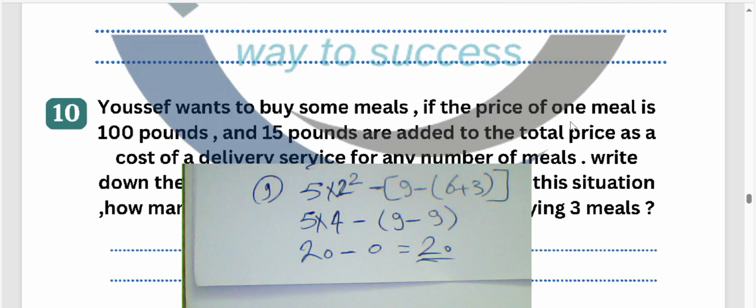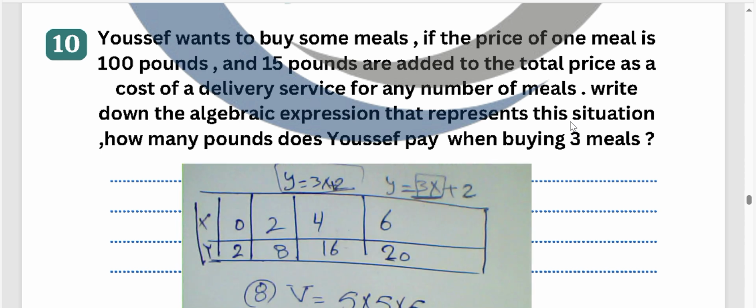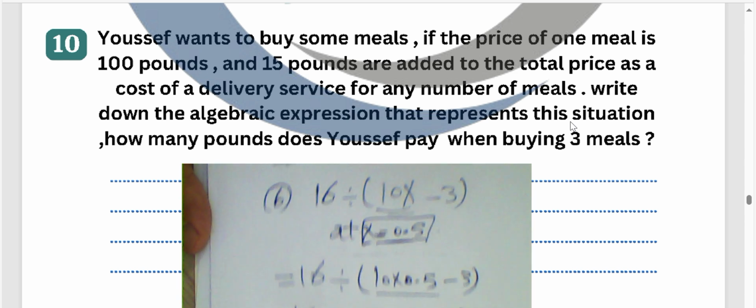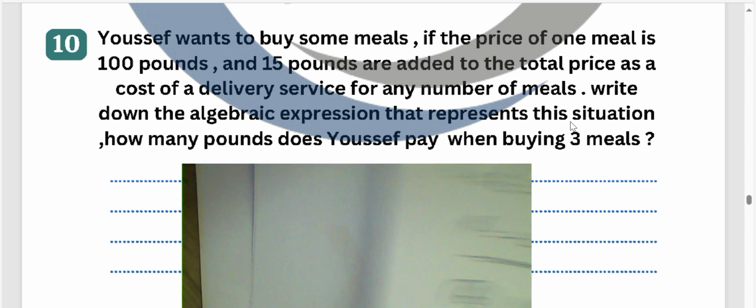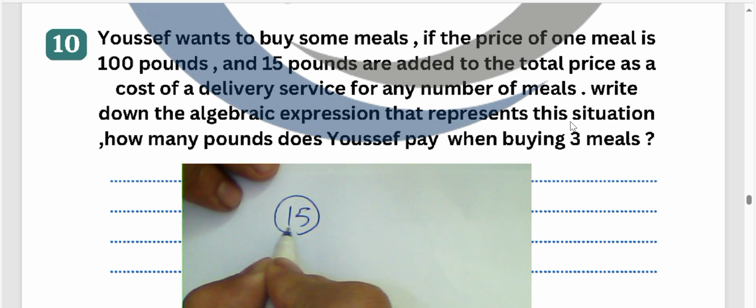Question number 10. Yusuf wants to pay for some meals. The price of one meal is 100 pounds. And 15 pounds is added to the total price as the cost of delivery. Okay, we have 15 constant. It's for the delivery.